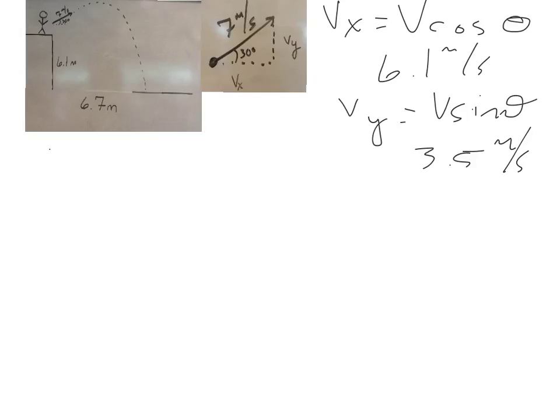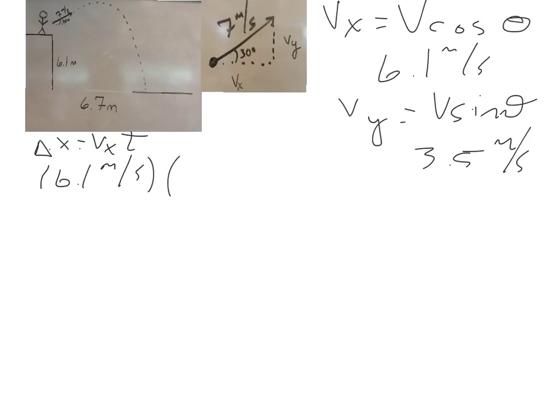The y direction is not uniform motion, but in the x direction I have delta x equals Vx times t, and my Vx is the 6.1 meters per second that I just solved for. So 6.1 meters per second, and the time I don't know.